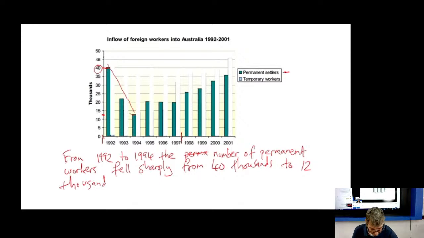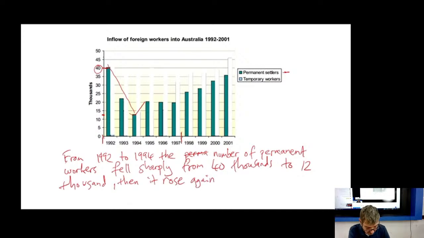So that describes that bit. Then we can see that the graph goes up again. Then it rose again.